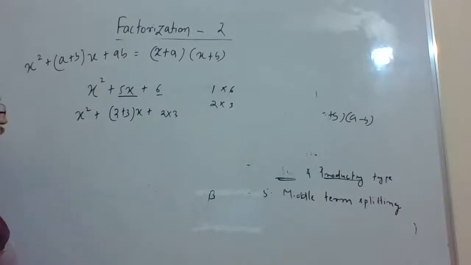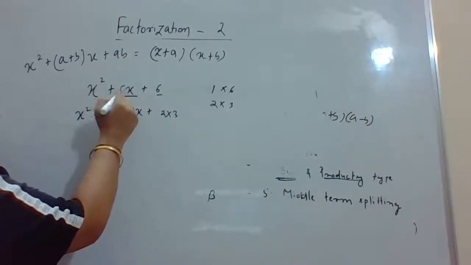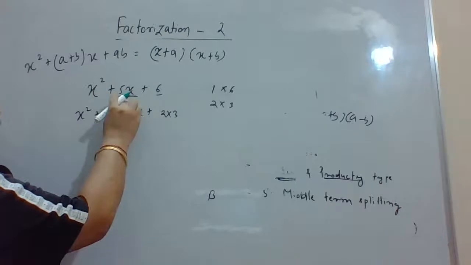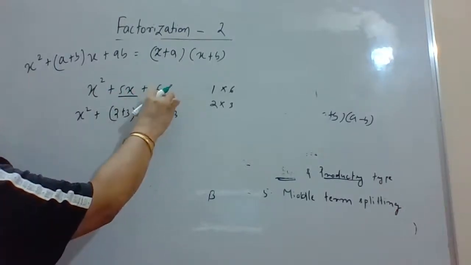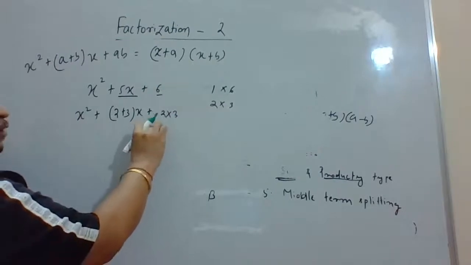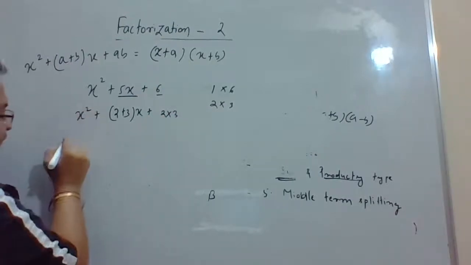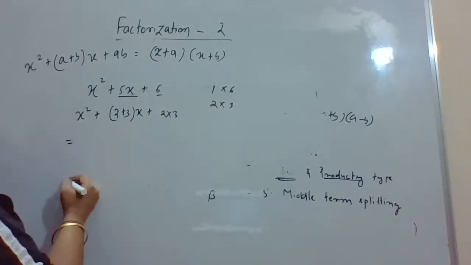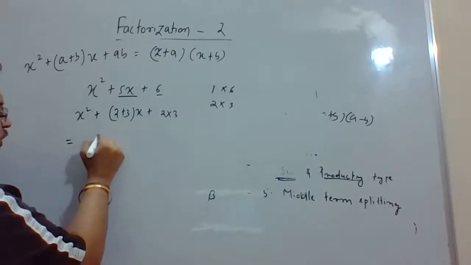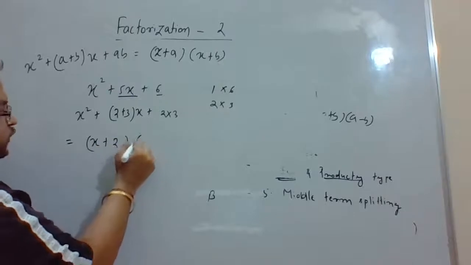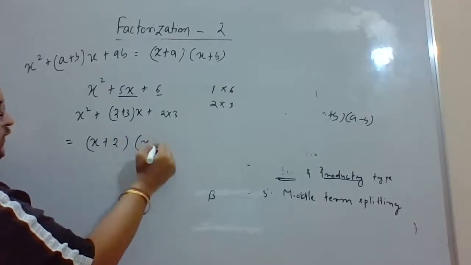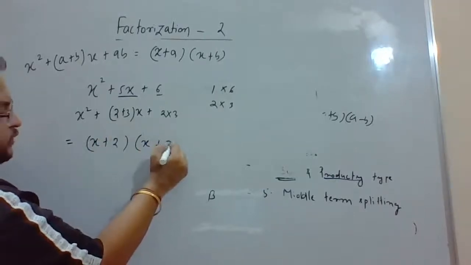If the middle term is the summation of your two coefficients, and the term without any variable is the product of the same two terms, then we can directly factorize this as x plus a, which is 2, into x plus the other term, which is 3.